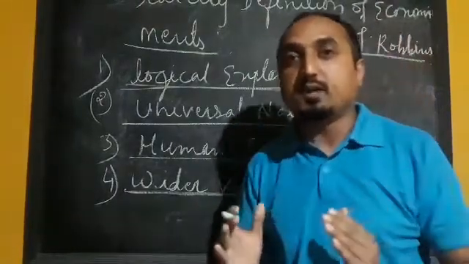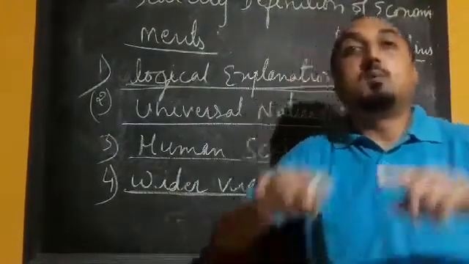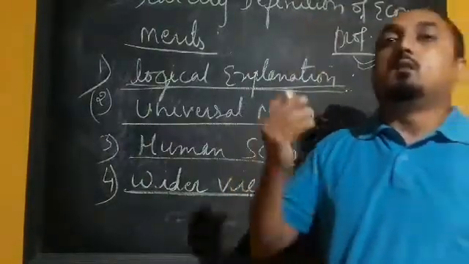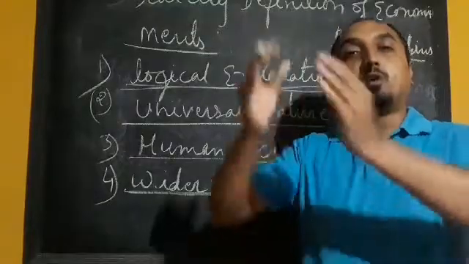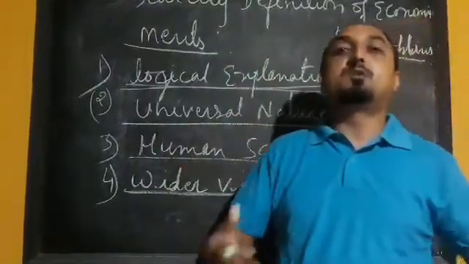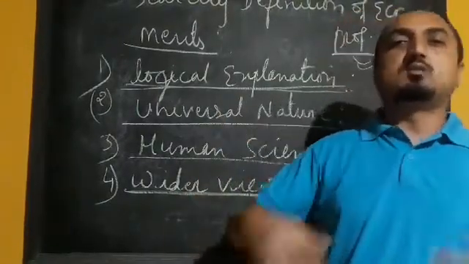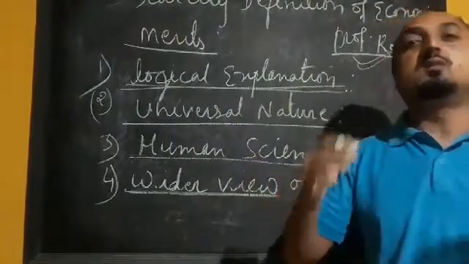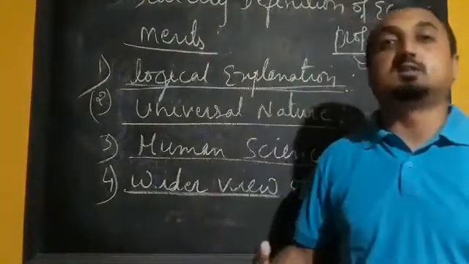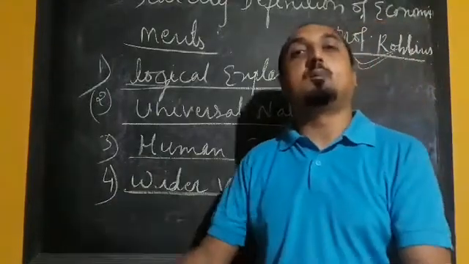But in the definition of Professor Robbins, he has broadened the concept of economics and explained that whether the economic activity is related to the production of tangible, material goods, meaning the production of tables, chairs, benches, pens, pencils and eatable items, or non-tangible goods like the services of teachers, lawyers, doctors, these all are part of economic activity.